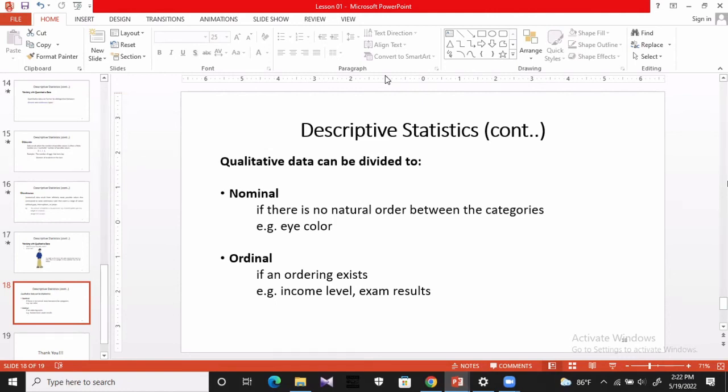Therefore A plus, A minus, B plus, B minus, C plus, C minus, D plus, D, E. That is the order of your exam results or grades. Your exam result is qualitative data, but it is ordinal. There is an order between those grades. But if you consider gender, male or female, it doesn't have any order. Now, are you clear?